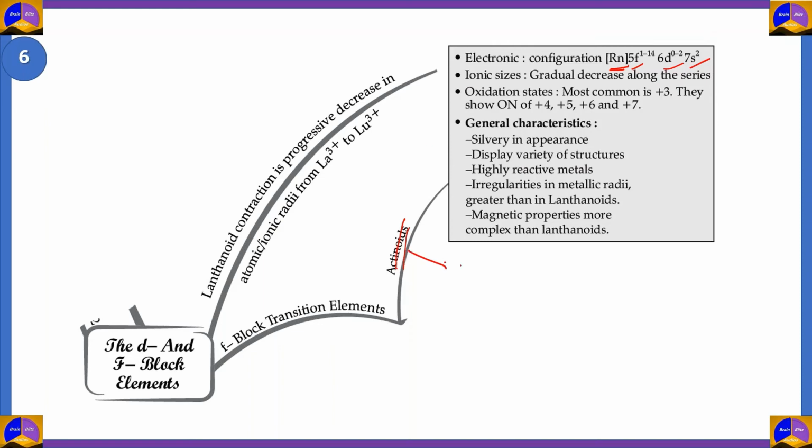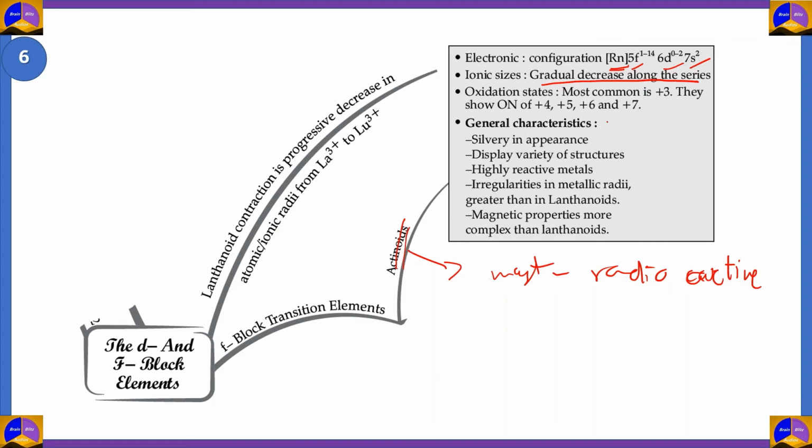Now, the thing about actinoids is that most of them are radioactive, so therefore they do not exhibit a lot of chemical properties. However, you can discuss some chemical properties among them. Ionic size, for instance, gradually decreases along the series.